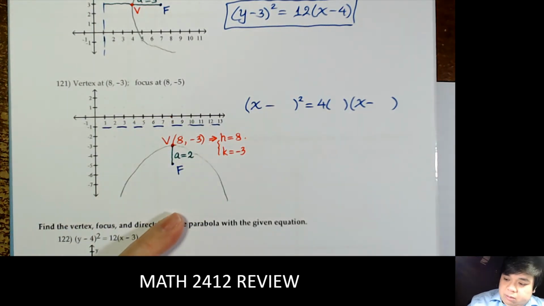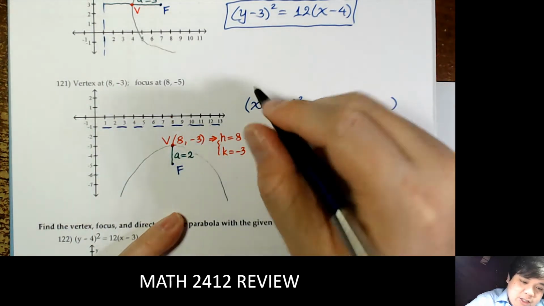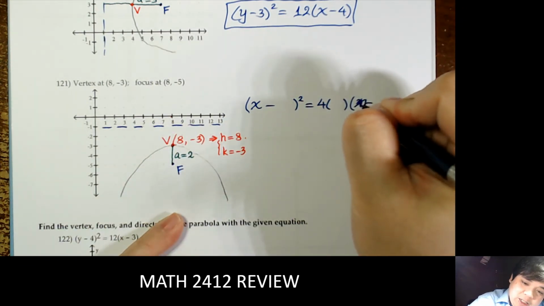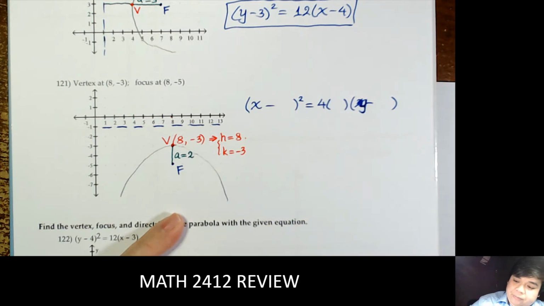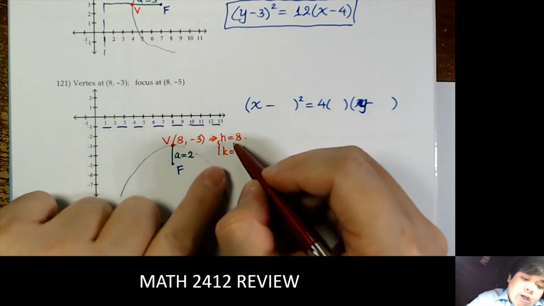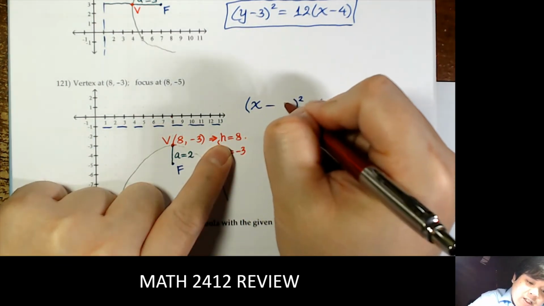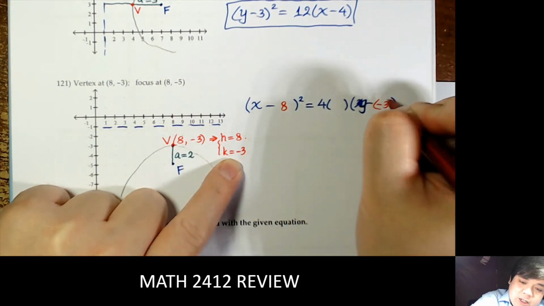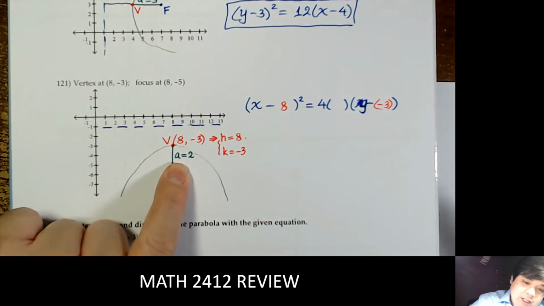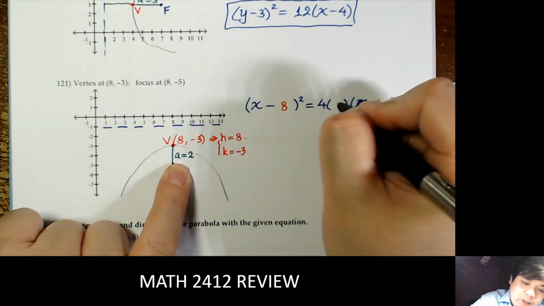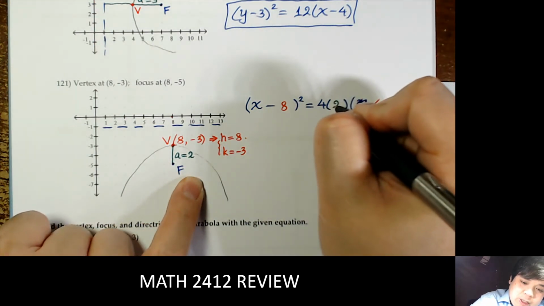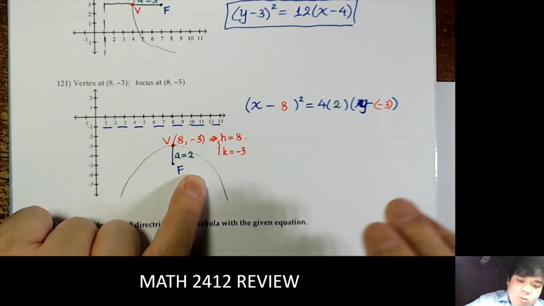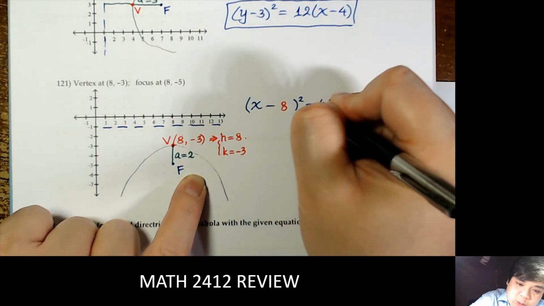I don't know why I put 2x there, but this one opens up or down, so it should be y here. Right, so the h goes with x, the k goes with y, and the a is going to be 2. And furthermore, this one opens down, so we have negative.